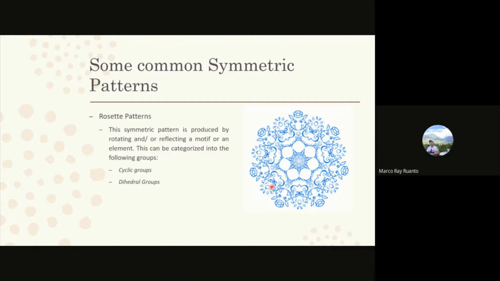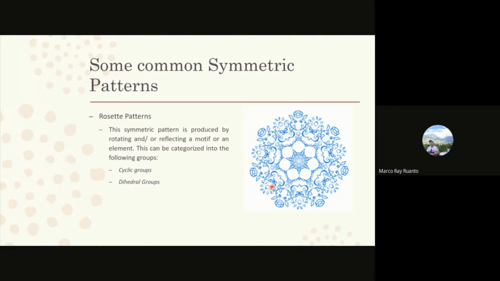Okay, there are also some symmetric patterns that we usually encounter. This is very common in ancient arts, like in Greek arts and also in Renaissance arts. The first pattern is the rosette pattern. This is produced by rotating or reflecting a motif or an element of the object.